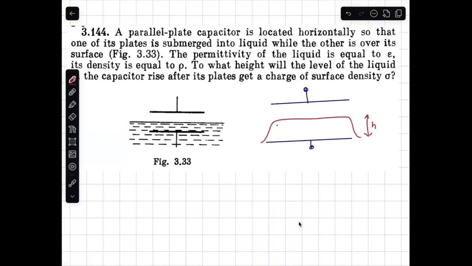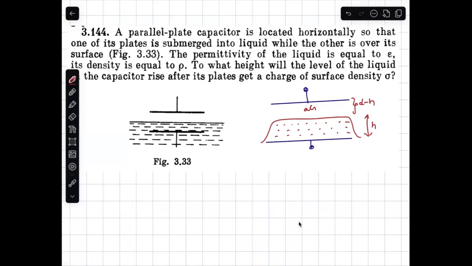And remember, all this part is dielectric, and this is d minus h, air. Remember, you are applying potential difference across the plates. Remember, you are giving charge to the plates. Don't forget that.